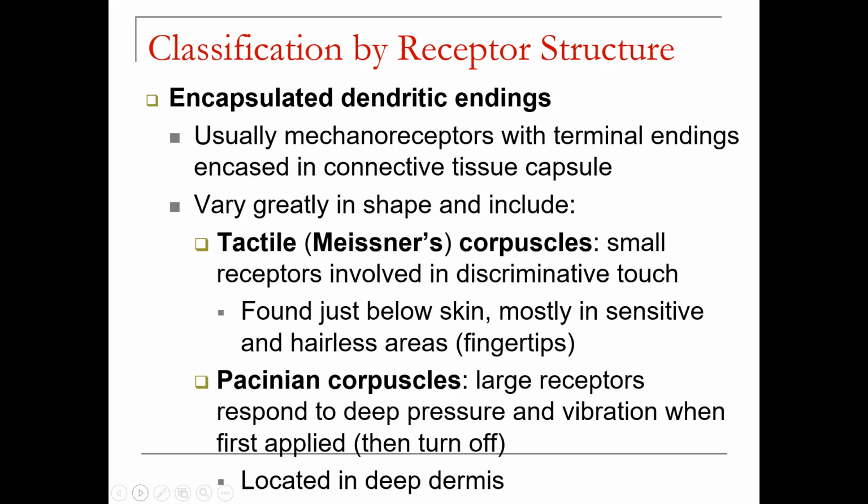What you thought was a nice smooth piece of wood is nothing compared to the final surface that you've sanded with 600 grit, because that is like rubbing across glass. Very, very smooth. And the Meissner's corpuscles can discriminate. We can detect these changes in the surface area.